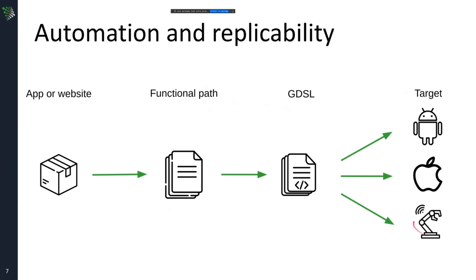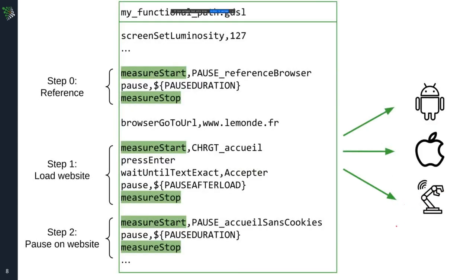And the language itself looks like this. For each functional unit that you want to test, you can define a new file in GDSL, so Greenspector DSL. And GDSL allows you to control the device, for instance, by setting the screen luminosity, by enabling or disabling services.